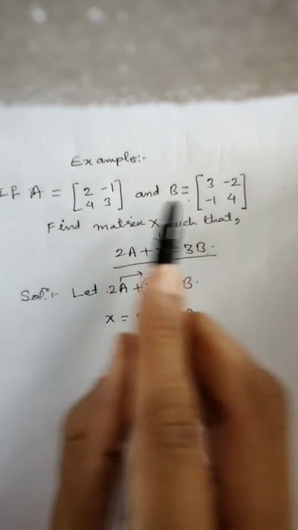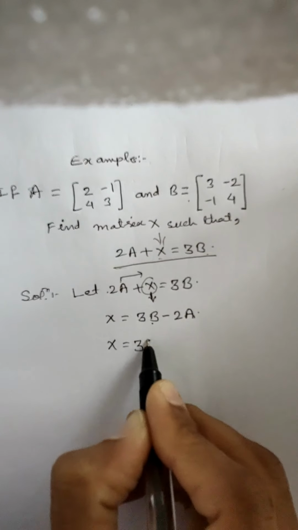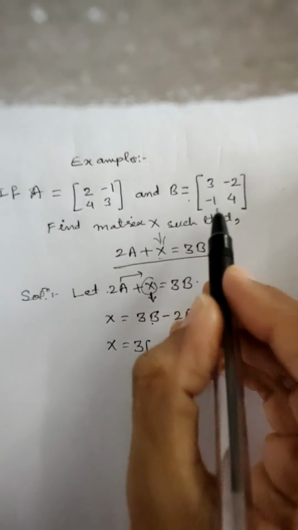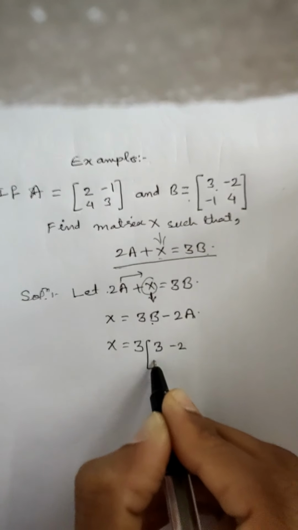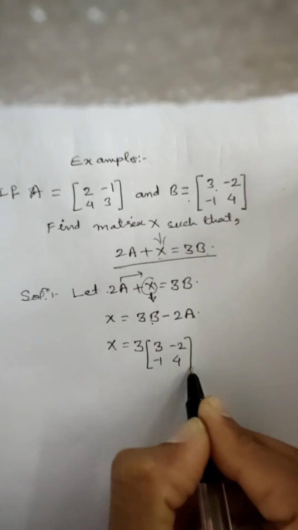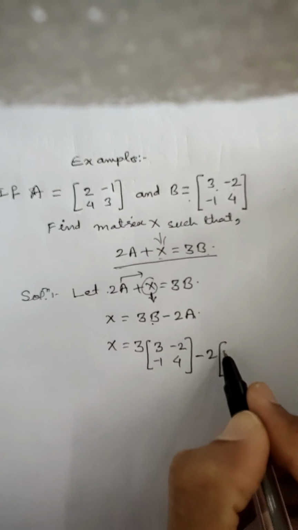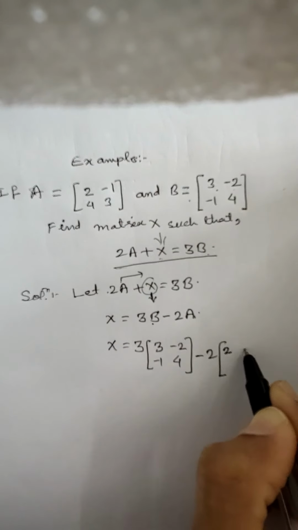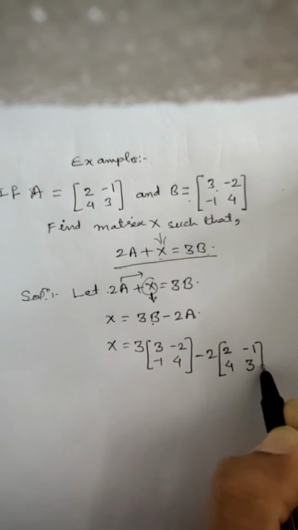Now I am putting the values of A and B here. So X becomes 3 into B, which is [3, -2; -1, 4], minus 2 into A, which is [2, -1; 4, 3].